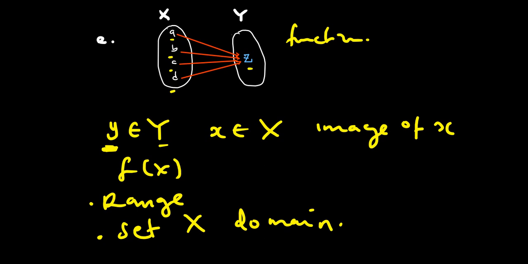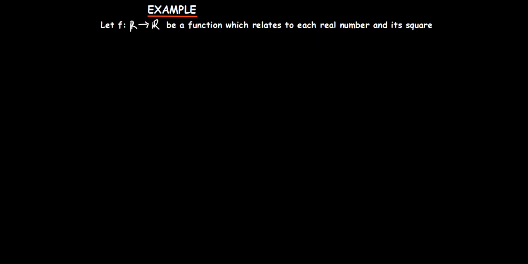Now from here, let us look at a question. It says let f from r to r be a function which relates each real number to its square.